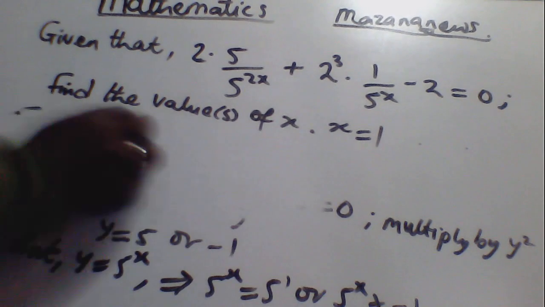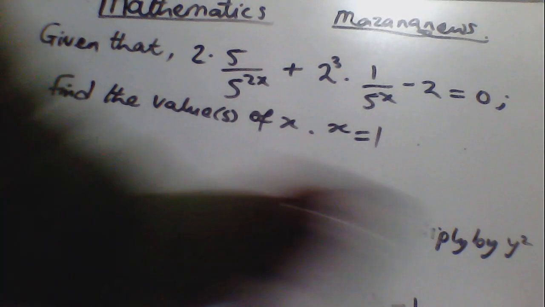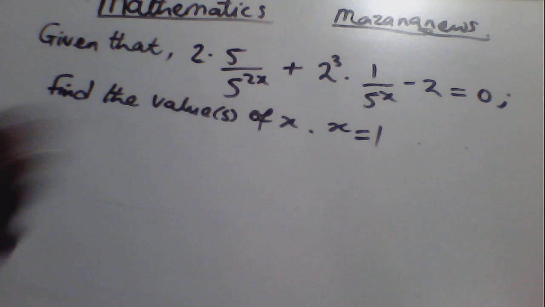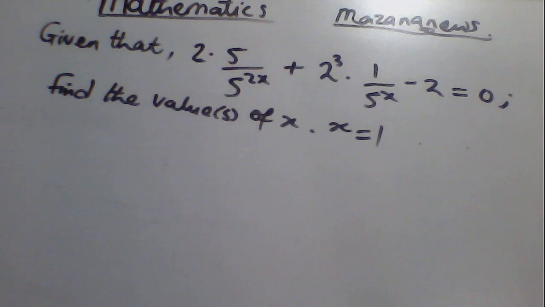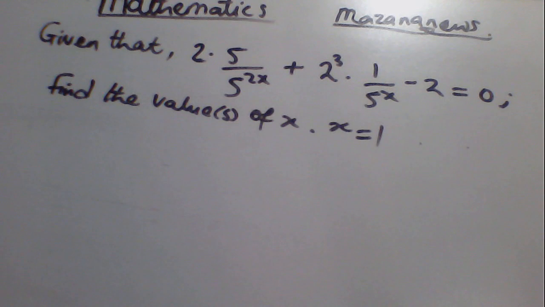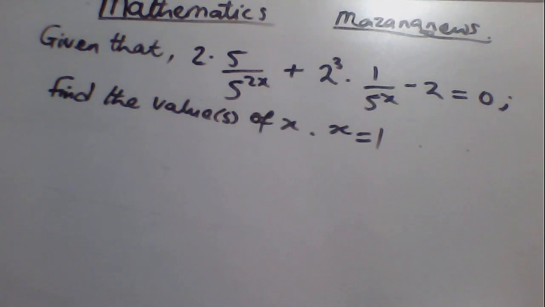Can we check our answer to make sure that x equals 1? The equation has only one value of x that satisfies it, and that is when x equals 1.